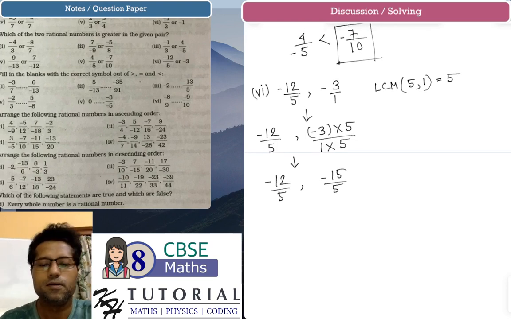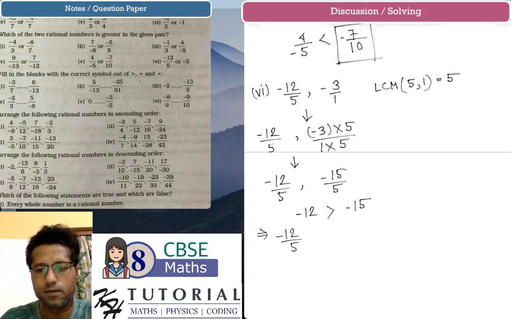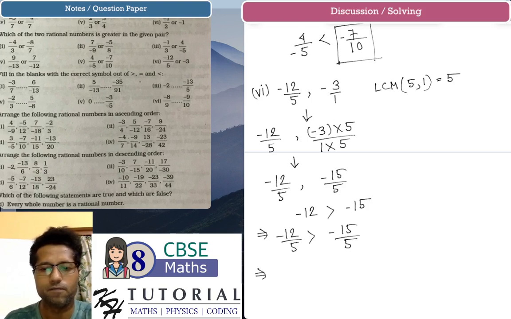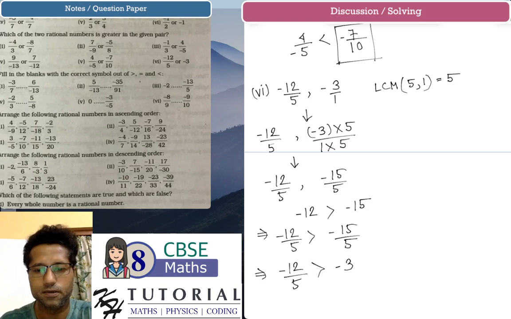We will compare based on their numerators, and we see that the numerator minus 12 is greater than the numerator minus 15. This will imply that minus 12 by 5 is greater than minus 15 by 5. So finally, the original rational number of minus 12 by 5 was minus 12 by 5 only, and the original rational number of minus 15 by 5 was minus 3. So we clearly see that minus 12 by 5 is the greater rational number.